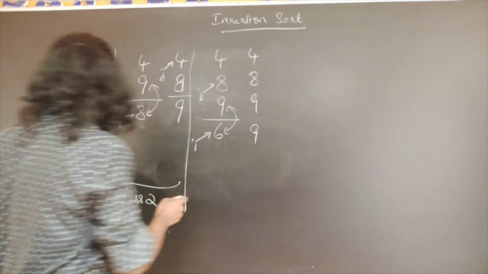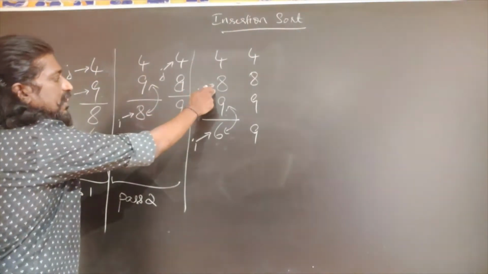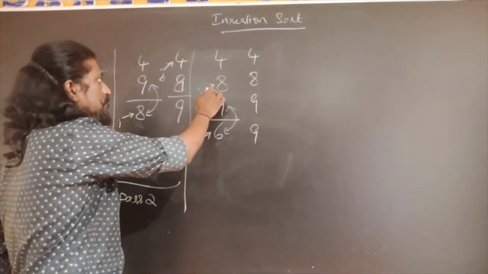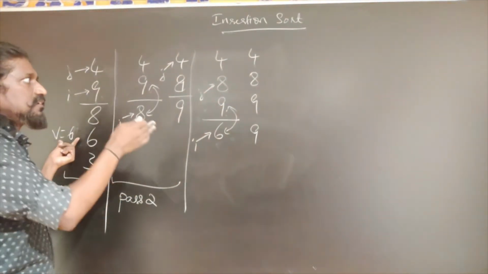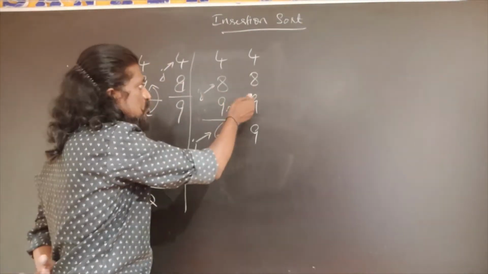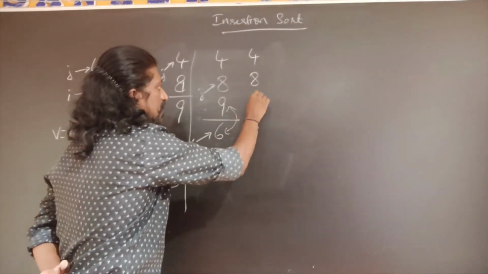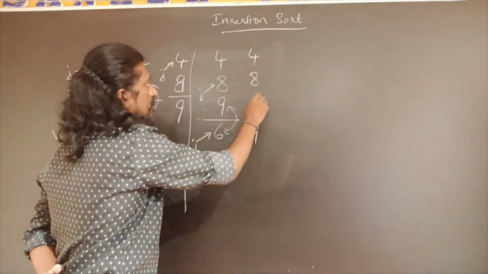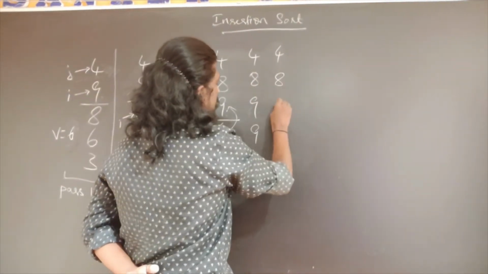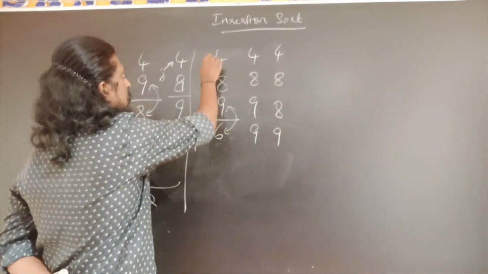Now we compare the same element, 6, with 8, because this is the element that needs to be inserted. When we compare again, we find that 6 is smaller than 8. So 6 has to come somewhere above 8. Therefore 8 also needs to be copied down. Already a temporary location is created over here, so 8 will be brought one location downwards and j will be decremented.